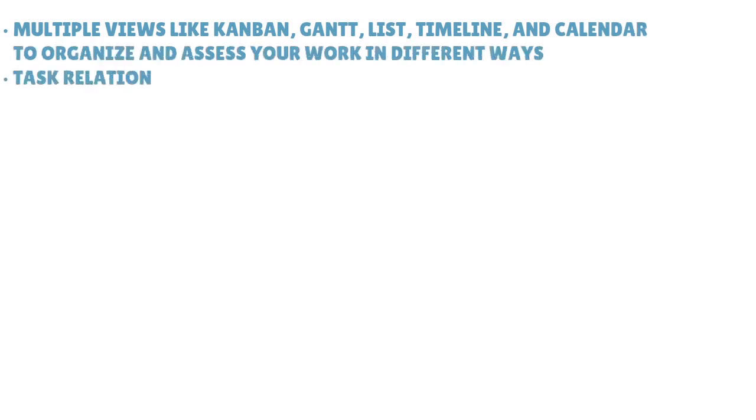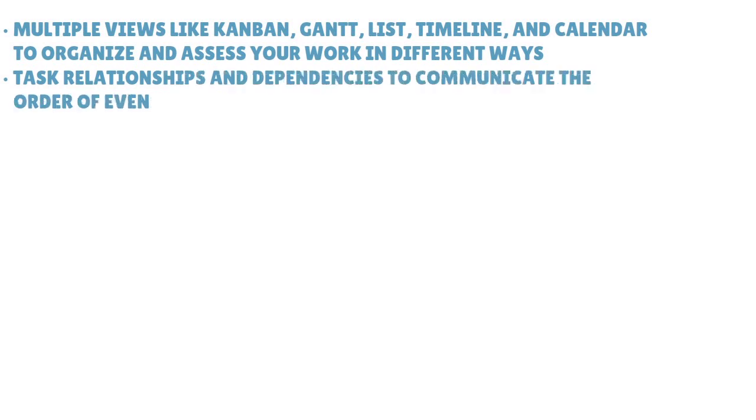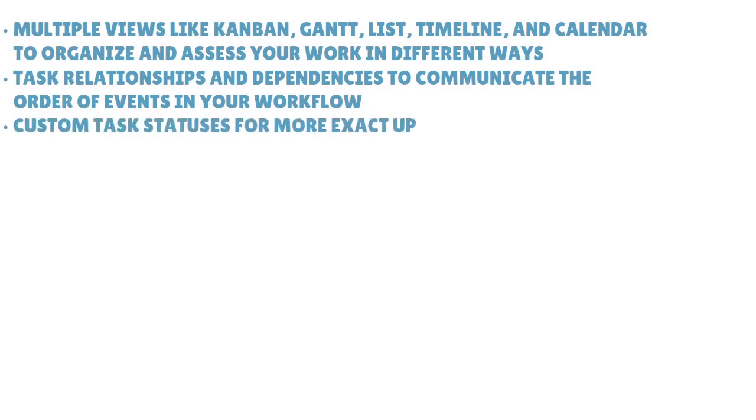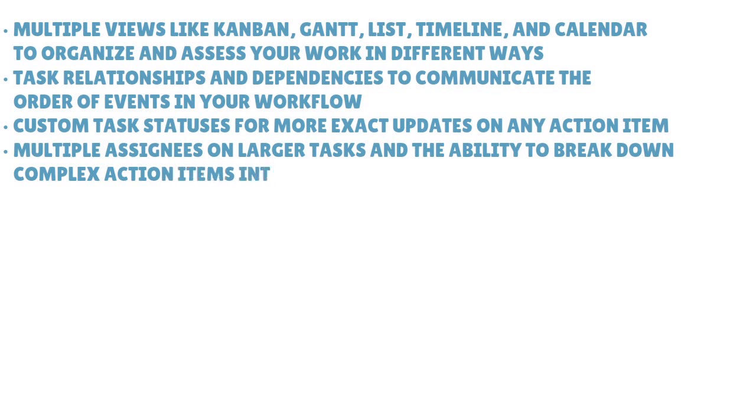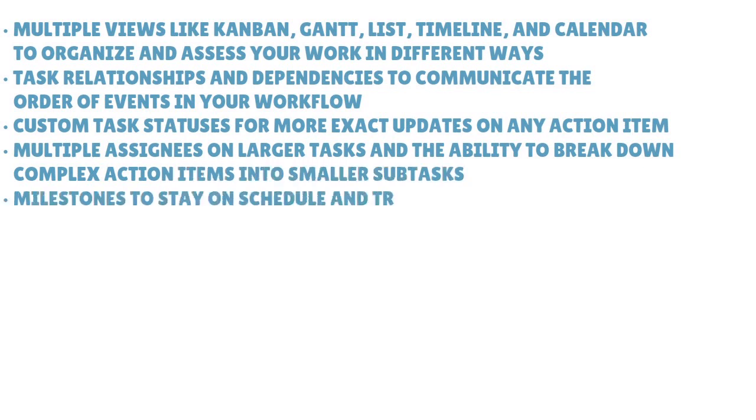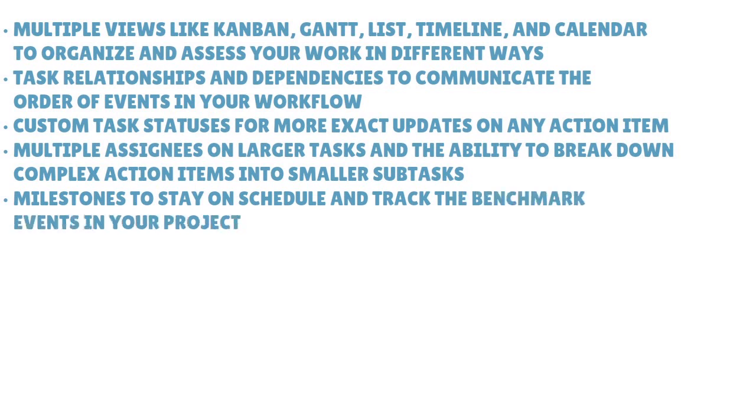You have task relationships and dependencies to communicate the order of events in your workflow. You have custom task statuses for more exact updates on any action item. You have multiple assignees on larger tasks and the ability to break down complex action items into smaller subtasks. And you have milestones that allow you to stay on schedule and track the benchmark events in your business plan projects. So this is kind of cool.